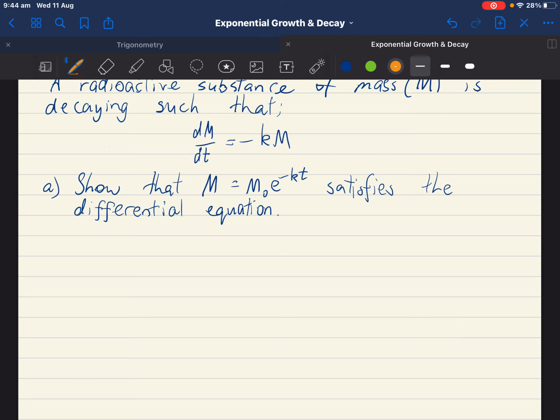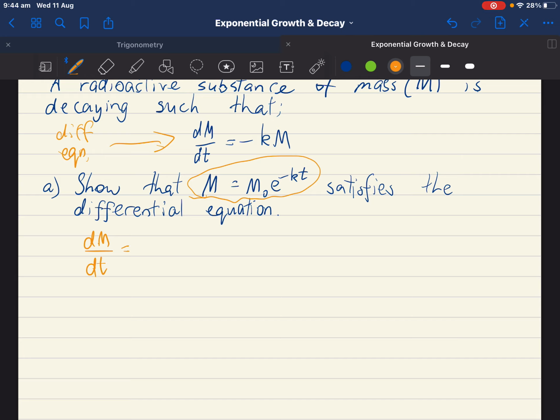They're referring to this, our differential equation, right? Okay, so we need to show that this is the correct formula for this particular situation, that it satisfies the differential equation. Well, we know what M is. Let's work out what the derivative is.